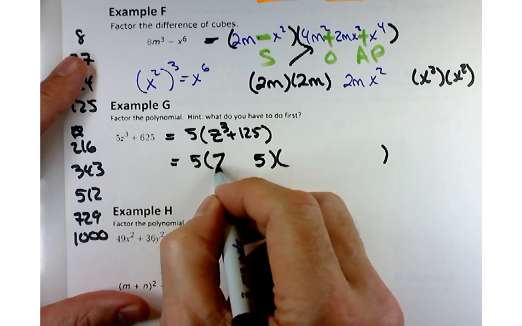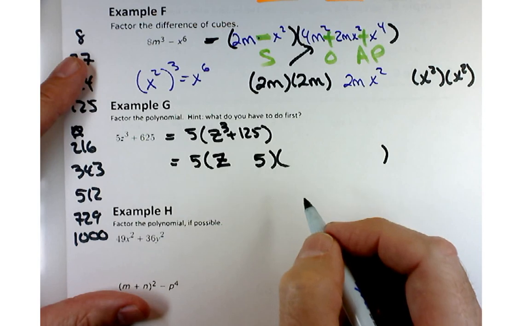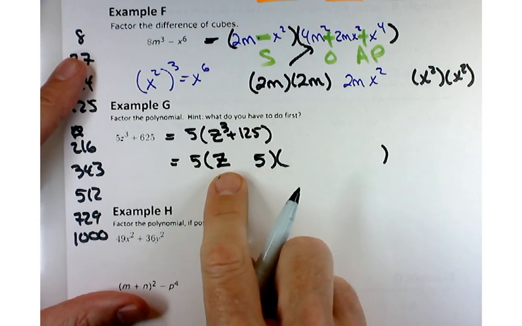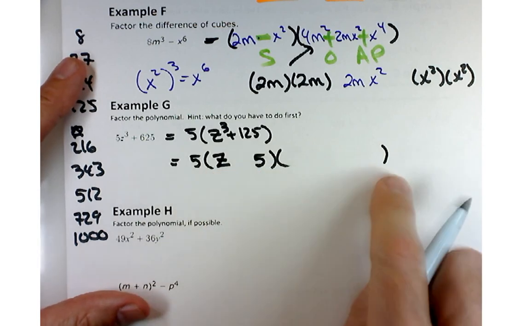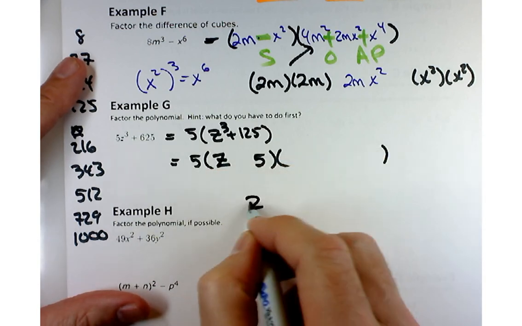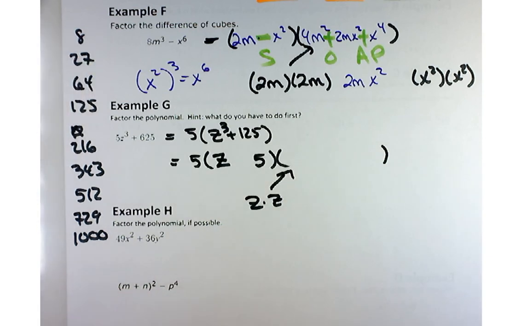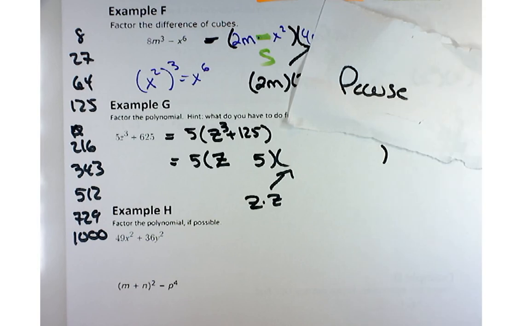Z. Z cubed gives me this. Now, just as before, take each of these terms to figure out what the remaining three terms are. So for instance, z times z, and then work with the 5, and then work with both of them. Try and fill out the rest of these. If you're watching at home later, pause it, try and fill that in completely.